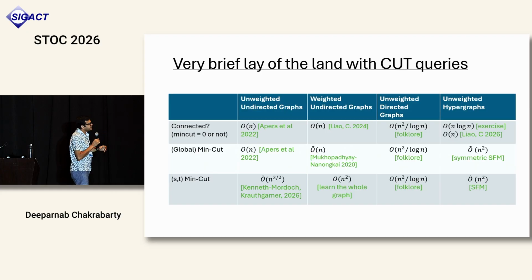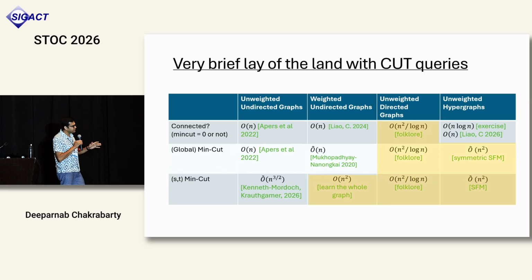You can actually get the global min cut in a linear number of queries, with a randomized algorithm. There's no log n there. But if you look at ST min cut, and this is a talk that we'll hear more about tomorrow, we can have subquadratic algorithms, in fact n to the 3/2 algorithms, not only for ST min cut, but more. So there has been progress, and we'll hear about it in coming talks.